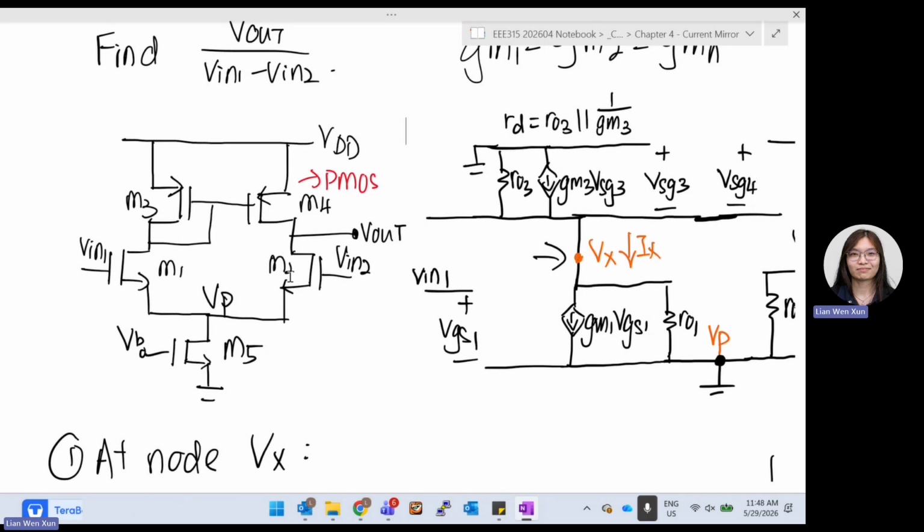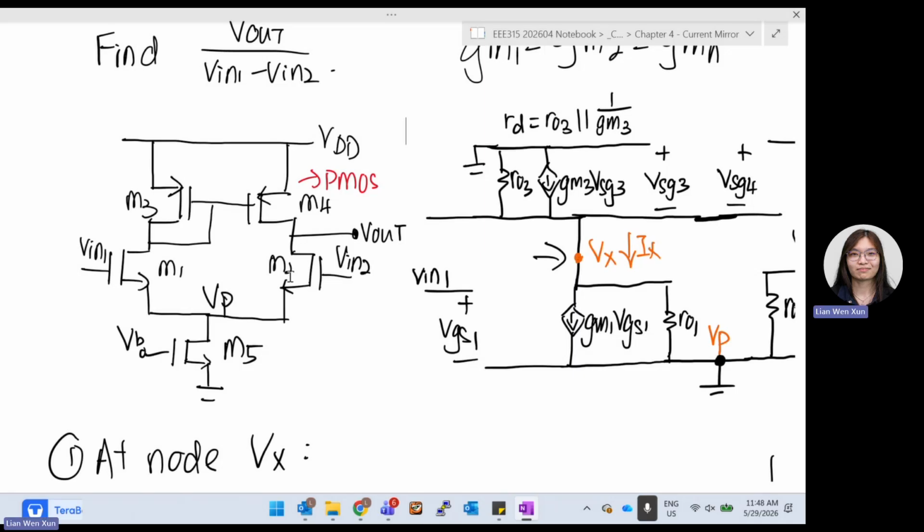So we assume this is the current that flows down. The current that flows down, we say it is Ix. So since Ix is the same as V out, we can say Ix is equal to what? The current that flows here.